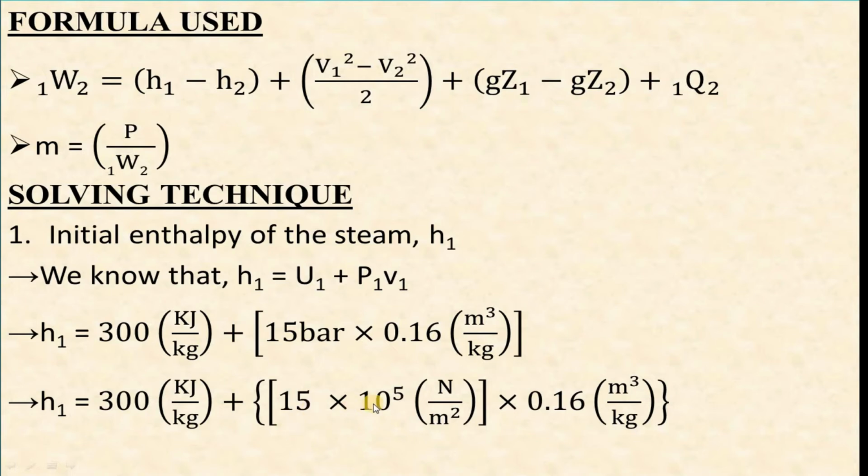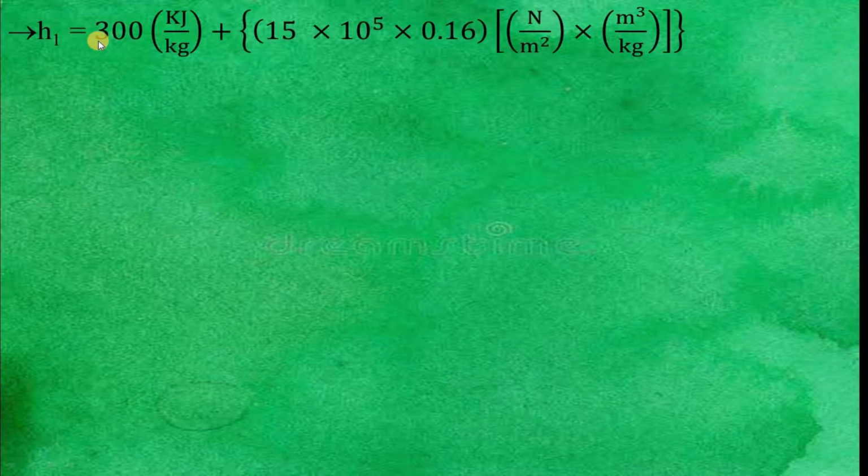In this 15 into 10 power 5 Newton per meter square into 0.16 meter cube per kg, I am going to split the numerical terms and SI units. So the next step will be H1 is equal to 300 kilojoule per kg plus 15 into 10 power 5 into 0.16 into Newton per meter square into meter cube per kg.